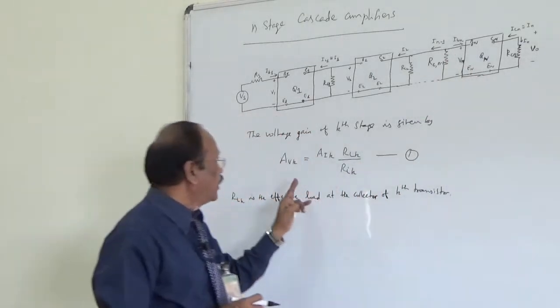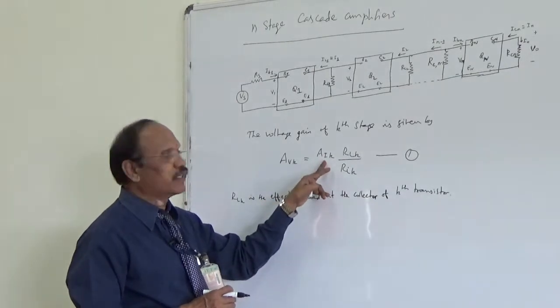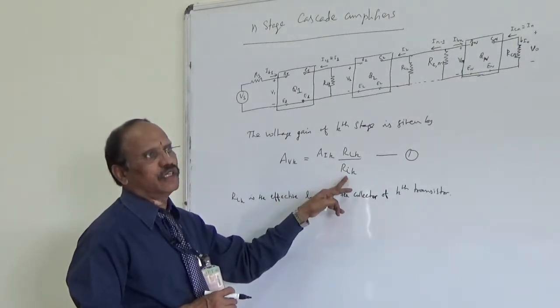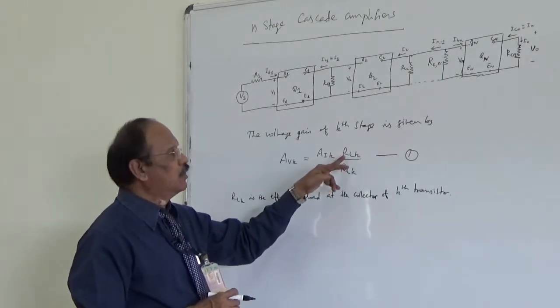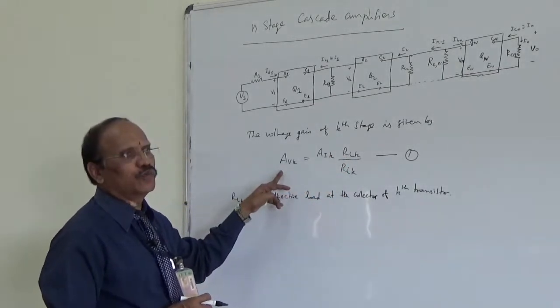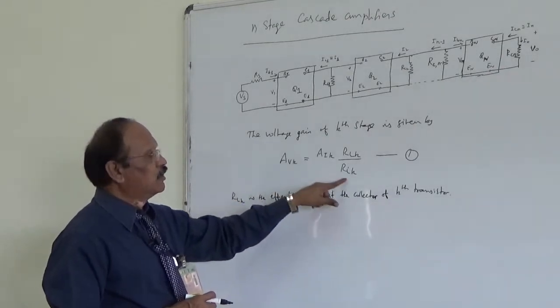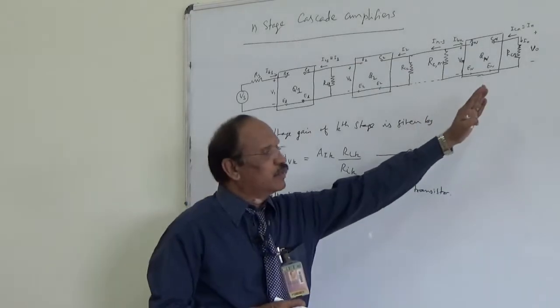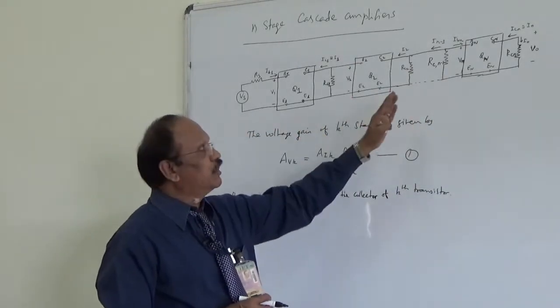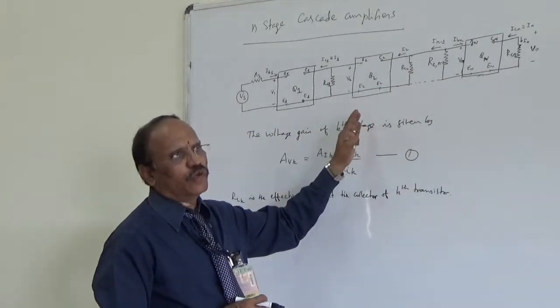In order to obtain the voltage gain, we have to first determine the current gain and the input resistance or input impedance. Only then, by taking the value of the load resistor, we can get this value. So in order to get these two parameters, we have to start from the last stage and proceed up to that corresponding stage. Why is it so?